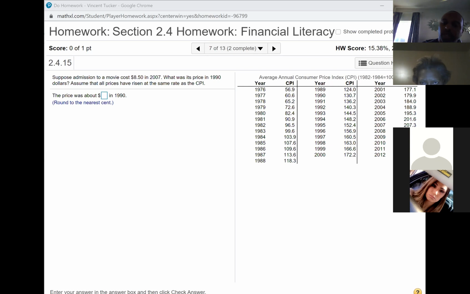Then CPI. The CPI for 1990 is 130.7, and the CPI for 2007 is 207.3.